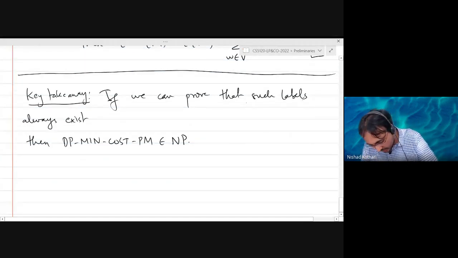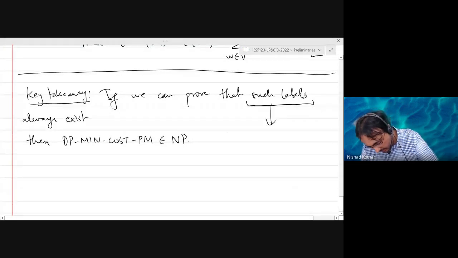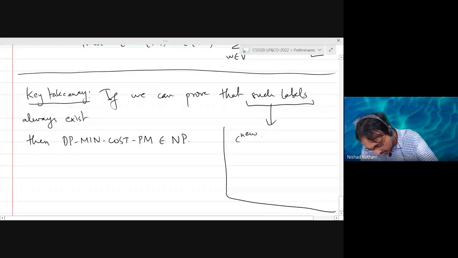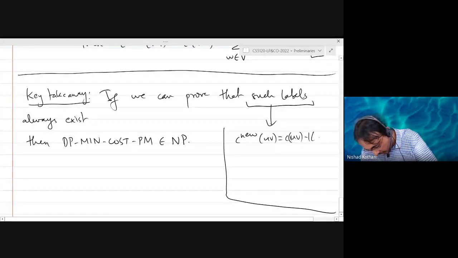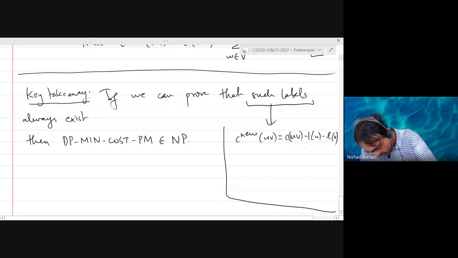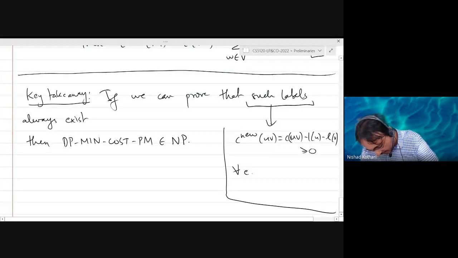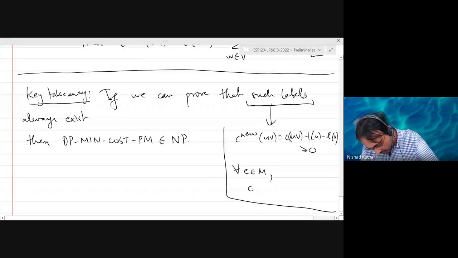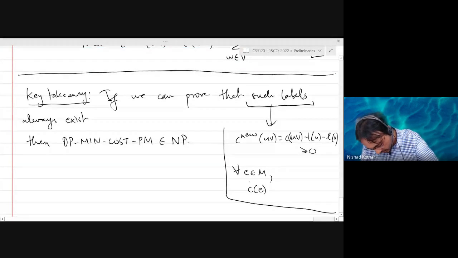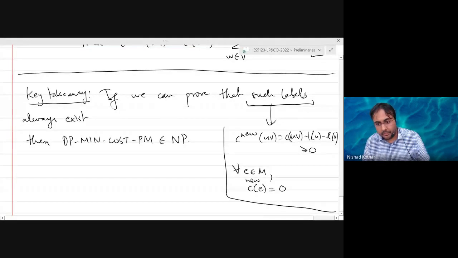for showing that this perfect matching indeed has minimum cost, right? Once again, such labels means that we want all the new costs, which is the original cost minus the label of u minus the label of v, to be non-negative, and we want for every edge of the perfect matching, the new cost of this edge to be equal to 0, right?